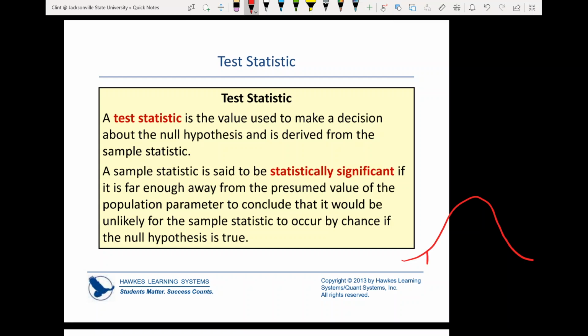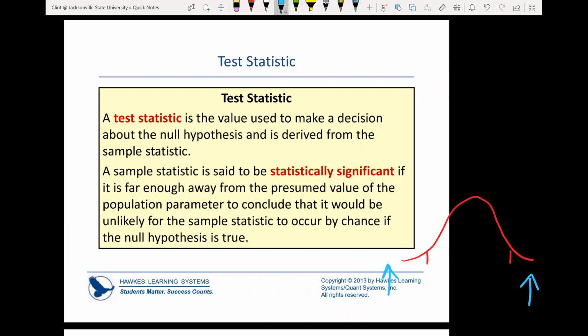If we expect our test statistic to fall somewhere around the middle of our normal distribution, and we get some test data that's way outside of that, in a place we would not expect, then we would call that statistically significant.